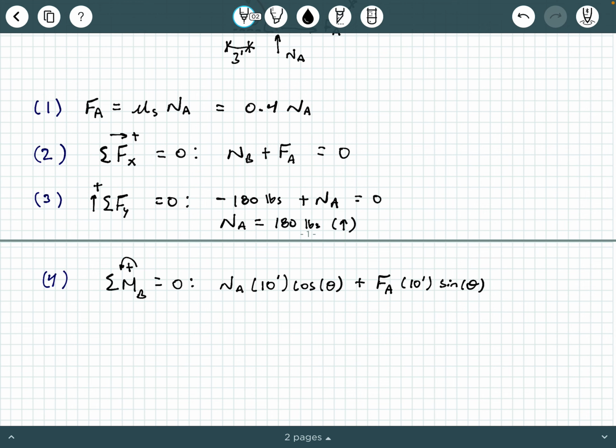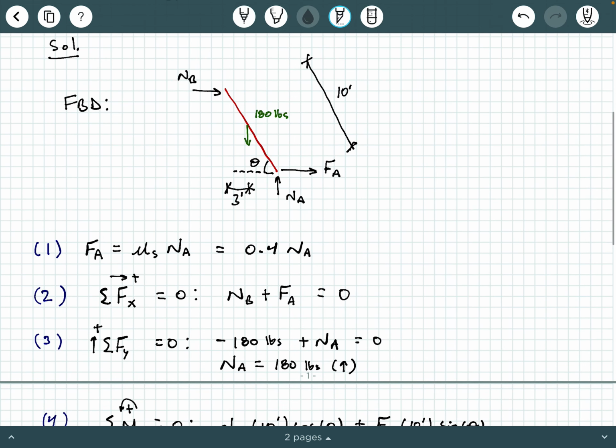Okay, now again, where does that come from? Well, we have FA here and we need its perpendicular distance up to point B, so we need this vertical distance, and to get this vertical distance we say the 10-foot hypotenuse times the sine of this interior angle gets you the vertical distance. And again, watch our directions here.